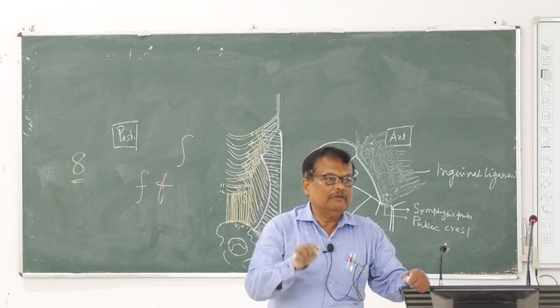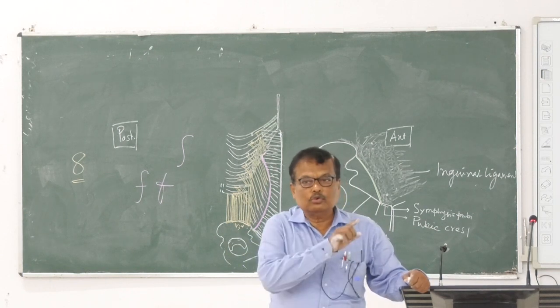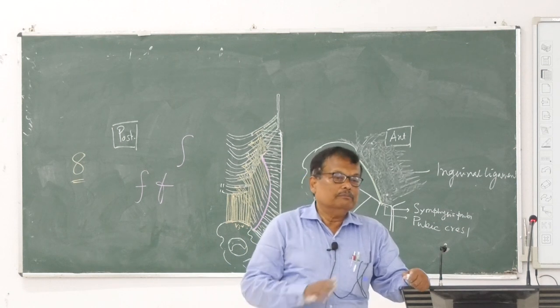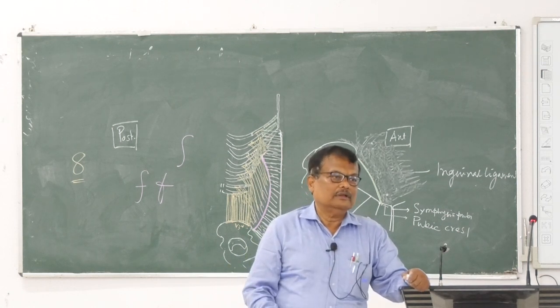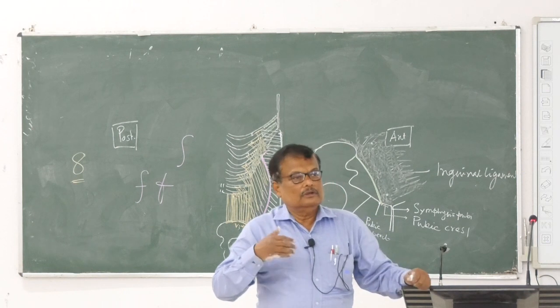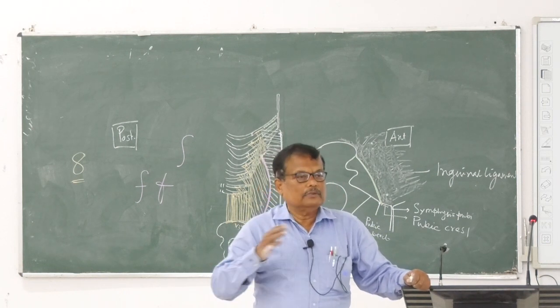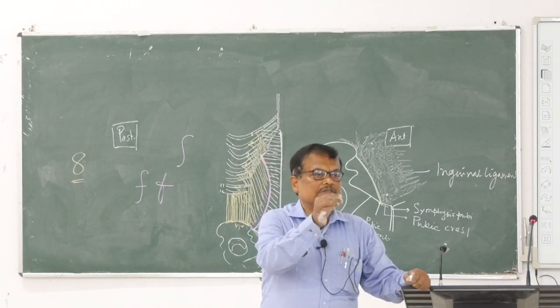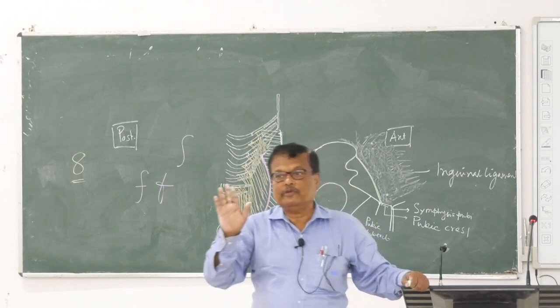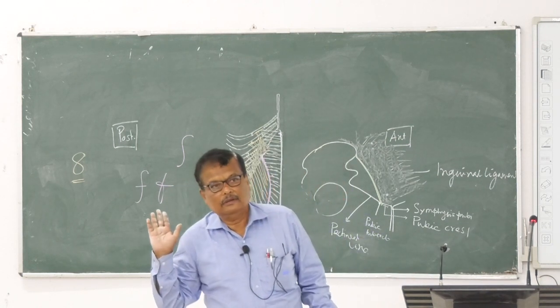Reoperation was done, again failure, hernia, and throughout her lifetime, a miserable condition with abdominal hernia. Because as time goes by, the abdominal muscles get thinner and thinner ultimately. So you must be very cautious about the nerve supply.